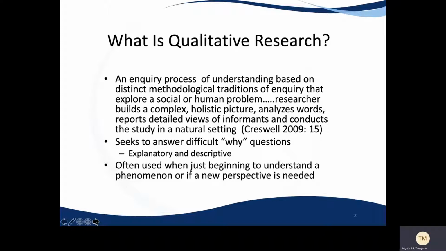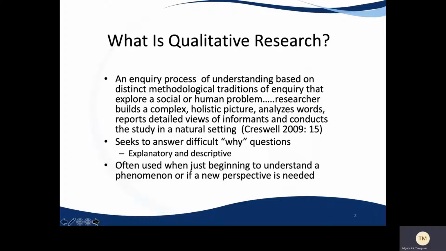And often you utilize qualitative research when you're just beginning to understand a phenomena, or if a new perspective is needed in relation to an existing phenomena. So the expectation and global understanding is that in qualitative research, the researcher operates from a point of not knowing and utilizes that process to gain some insight and understanding of the phenomena that they are looking at.